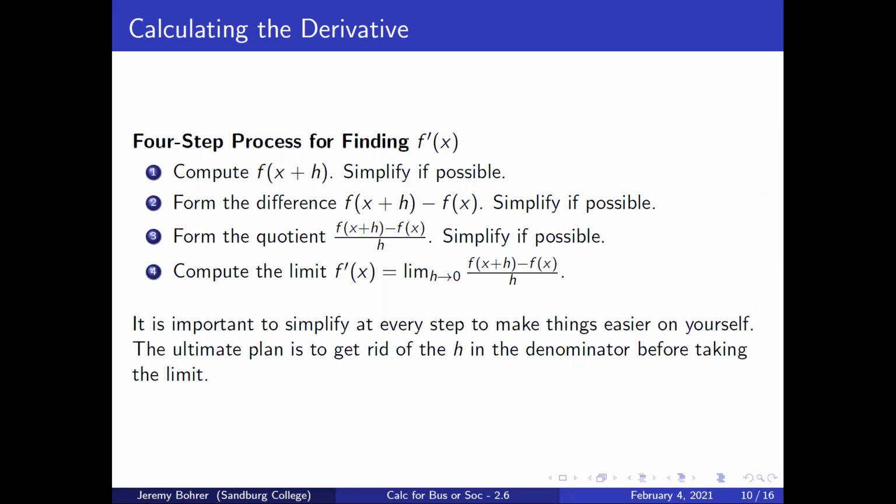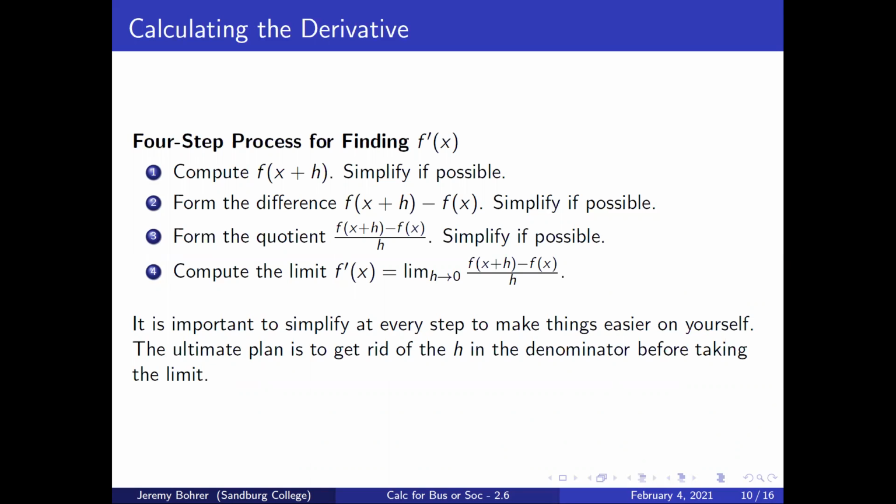The four-step process for finding f prime of x. First, compute f(x plus h), simplify if possible. Second, form the difference f(x plus h) minus f(x), simplify if possible. Third, form the quotient f(x plus h) minus f(x) over h, simplify if possible.